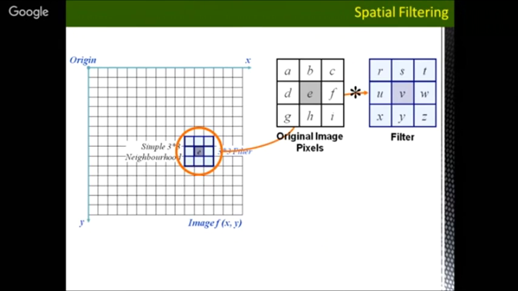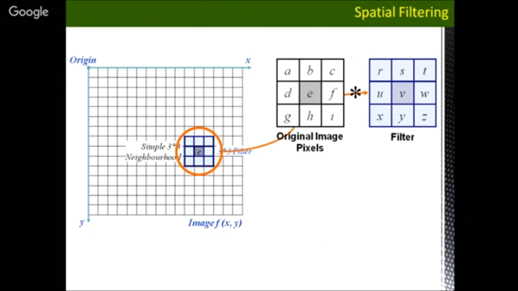How do you convolve? You put this mask over the current pixel of interest. Wherever a mask value lies on a pixel, you multiply: A by R, B by S, C by T, D by U, E by V, F by W, G by X, H by Y, and I by Z. Put together, multiply them, and add them together.